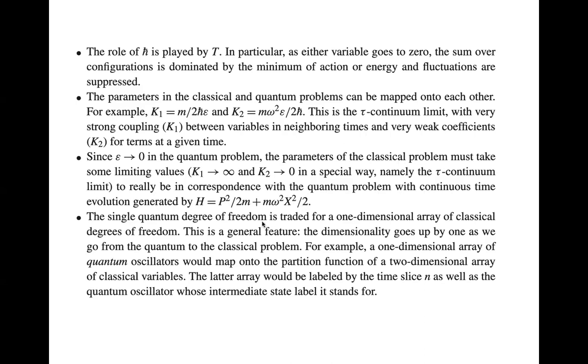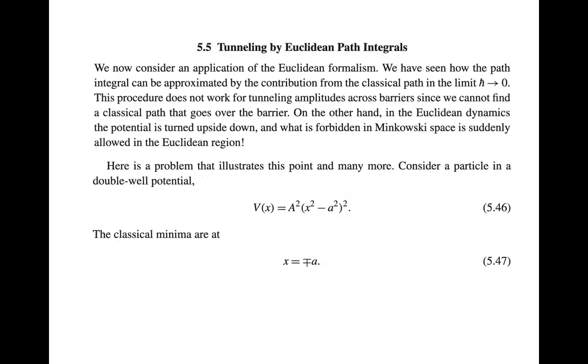A single quantum degree of freedom is treated as a one-dimensional array of classical degrees of freedom. This is a general feature: the dimensionality goes up by one as we go from the quantum to the classical problem. For example, a one-dimensional array of quantum oscillators would map onto the partition function of a two-dimensional array of classical variables. We will probably discuss this later.